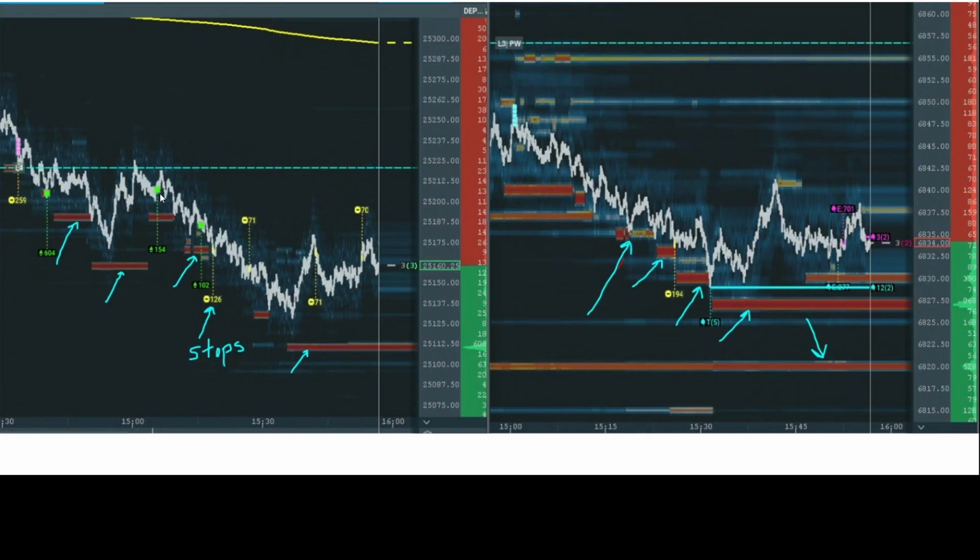But what we can see here is that there is a lot of absorption data that starts to stop the price, but also we see stopped price. These are buyer stops, traders that took longs but were stopped, or maybe are stop positions to take profit.